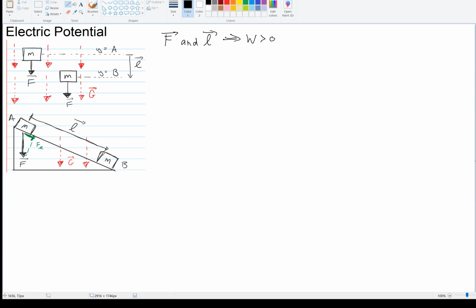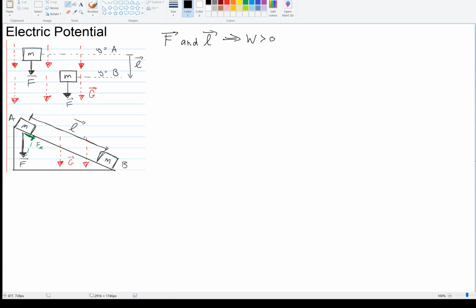All right, now let's consider a related but slightly more complex system below that, where we have A and B related to this incline on a ramp. As mass m falls from A to B on the incline, it's the component parallel to L that does the work. We just said that F and L do positive work because they're in the same direction.